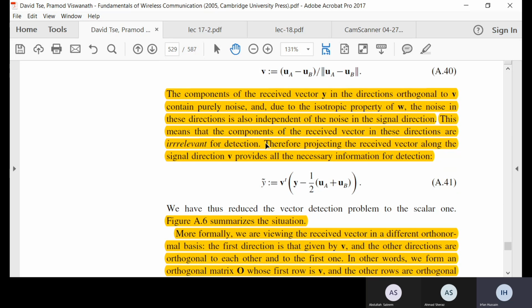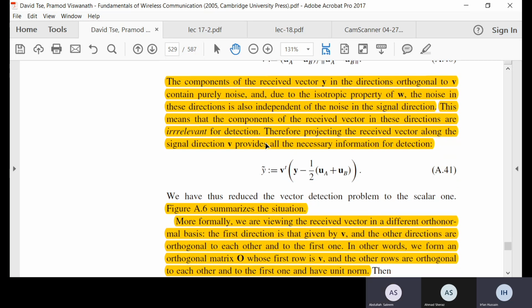Similarly, in the chapters, we were mapping it to h of t. Now let us try to understand it further. This is the received signal. I have deliberately subtracted the mean vector from the received vector, and I will map this to my signal direction.